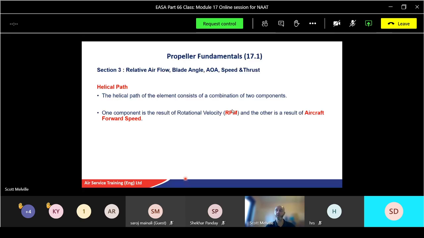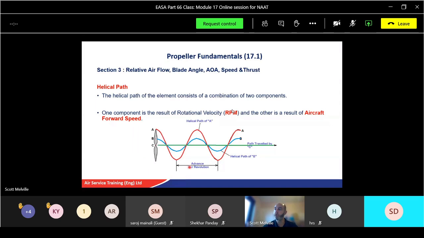One component is the resultant of your rotational RPM, so it depends on the speed of the engine, and also of the speed of the aircraft. In other words, it's going to increase or decrease depending on both the speed of the aircraft and the speed of the engine. You have quite a large helical path or quite an intense short one. In other words, a high frequency or a low frequency.